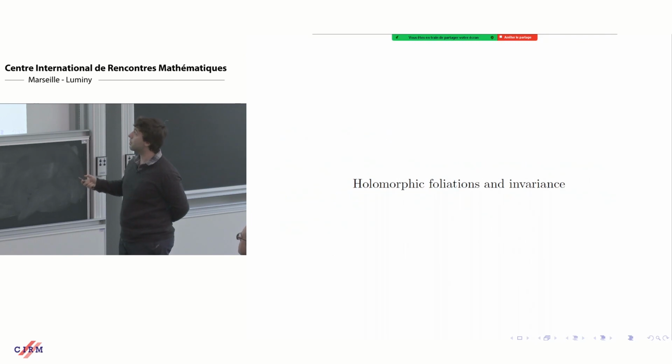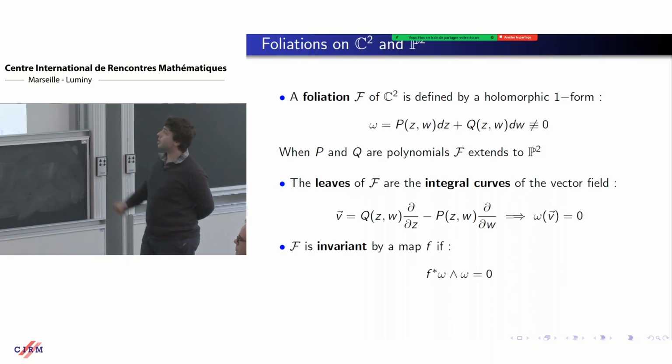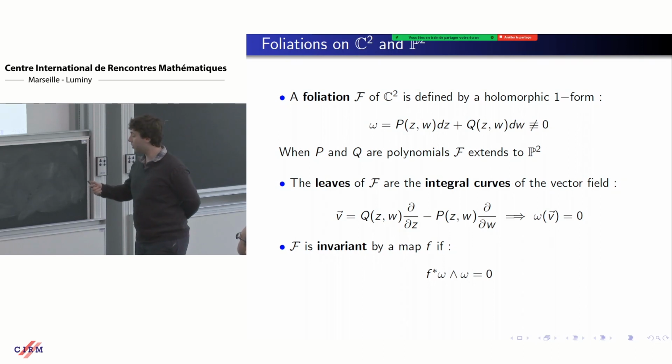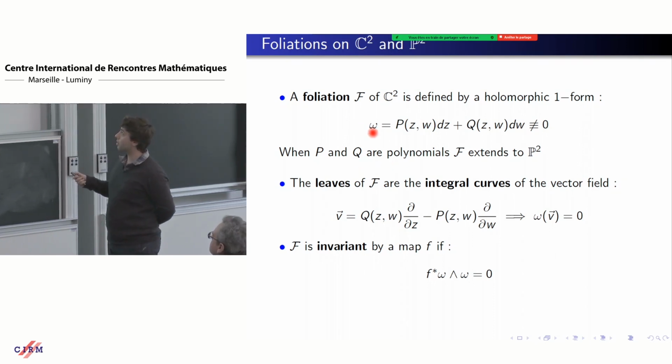So let me start with holomorphic foliations and invariant foliations. On P2 or CP2, there is a very short definition of foliation. You just need one holomorphic form, and it gives you a foliation on C2.